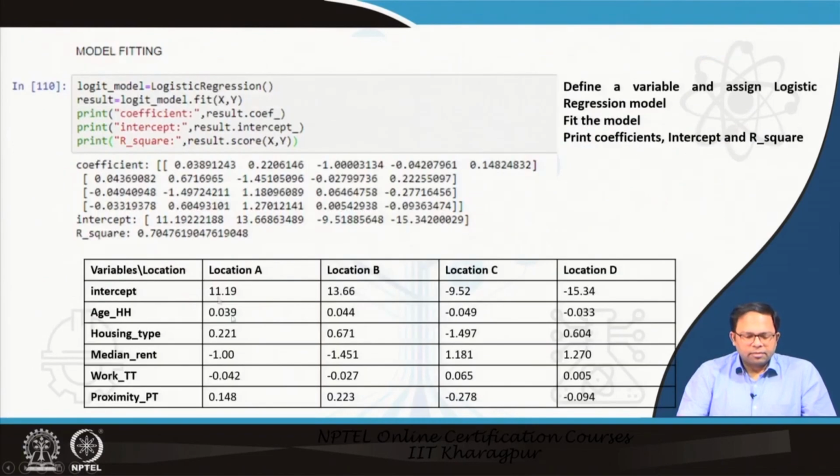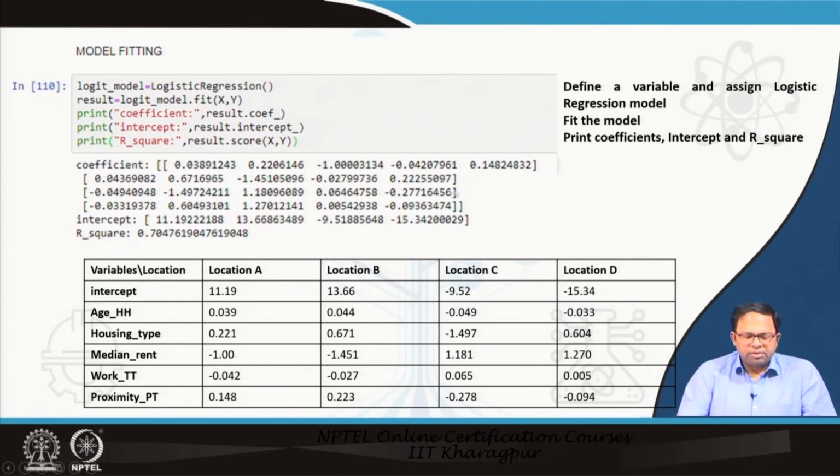Then we call the logistic regression function, where we first define the variables and assign the logistic regression model for the x and y set that we have determined. We have said what the independent and dependent variables are. Now we include them in the model, and once we run the model, we determine the model fit, and we can print the coefficients, the intercept, and the R-square. That is what is shown over here.